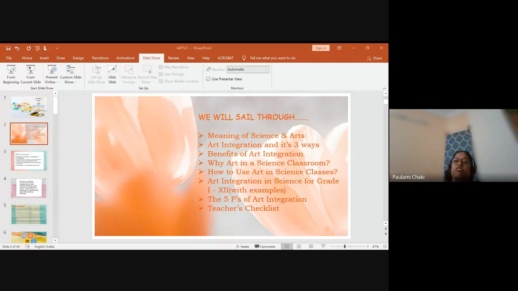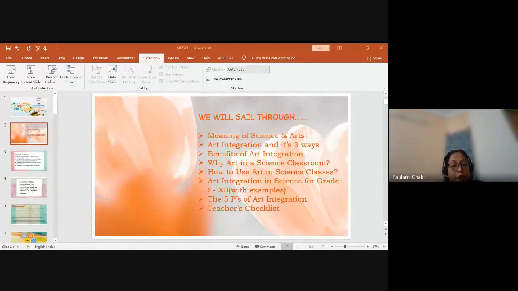So why art in the science classroom? First, we have children with diverse learning styles. Art integration always suffices for these different students with different learning styles. It also cultivates passion in children towards science. Obviously, when we are working on some concept and creating something out of that concept knowledge, we will be passionate.